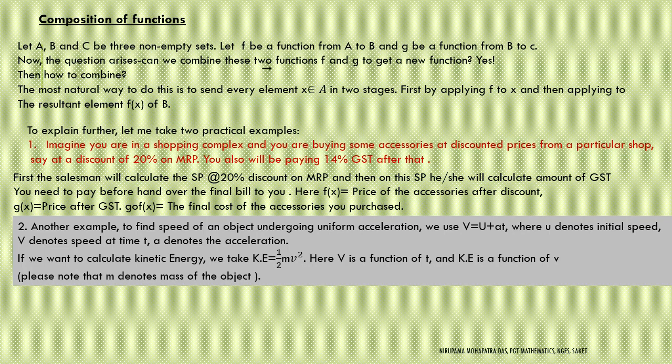So kinetic energy depends upon velocity as per this formula. So kinetic energy is a function of v, and v is a function of t. So kinetic energy is indirectly dependent on t.